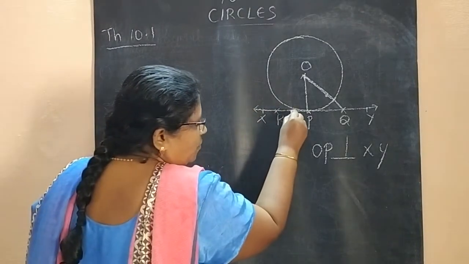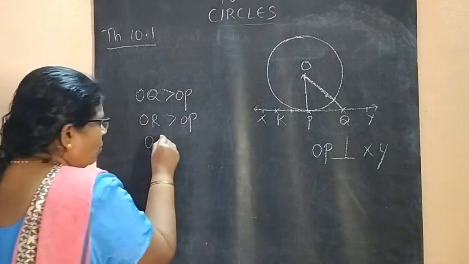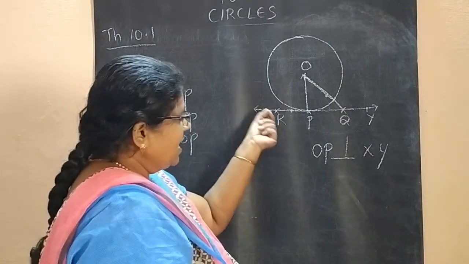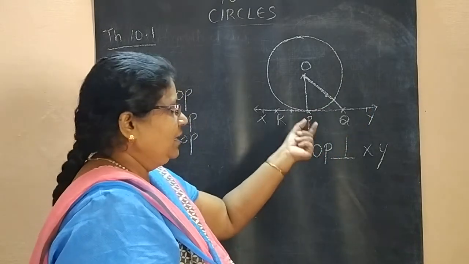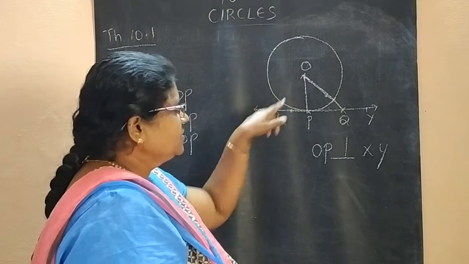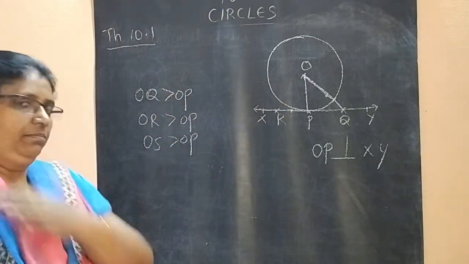Mark a point S here and join, we get OS greater than OP. So for each and every point on the tangent line except P, the other line segments are always greater than OP.